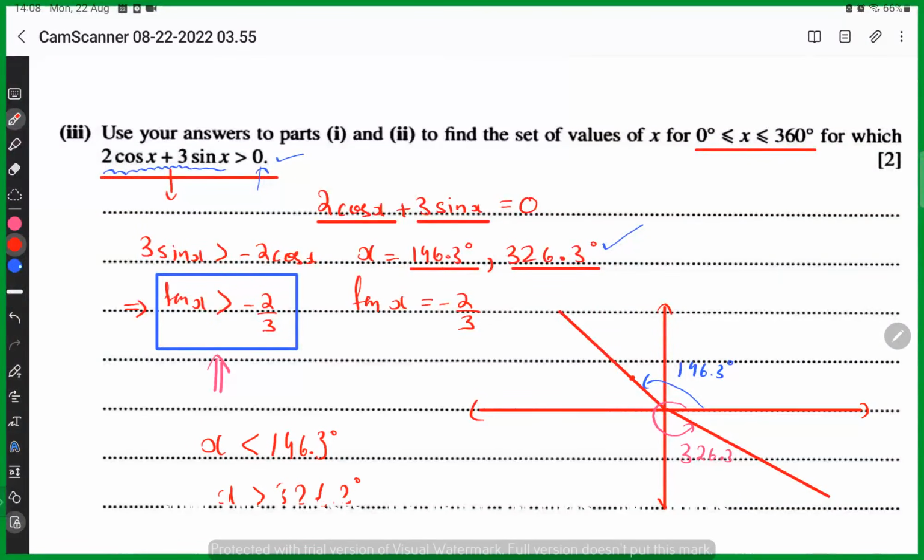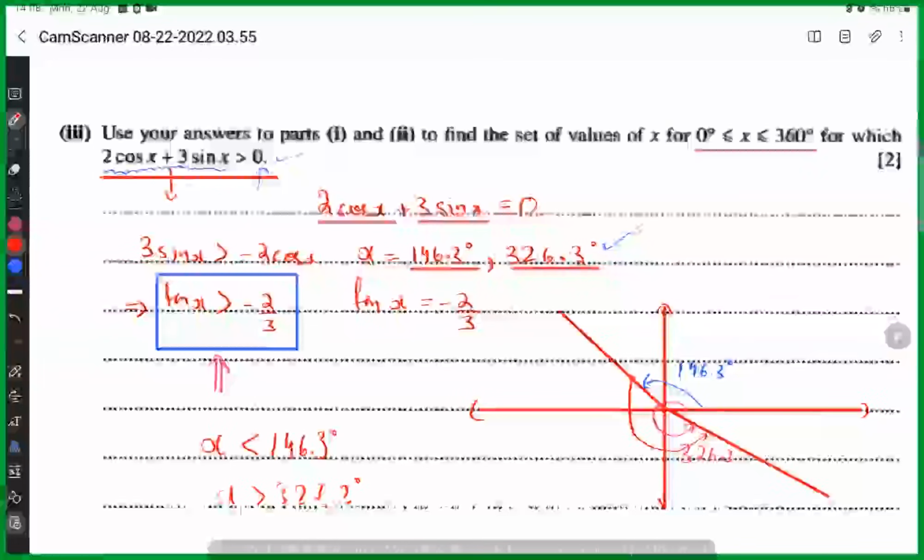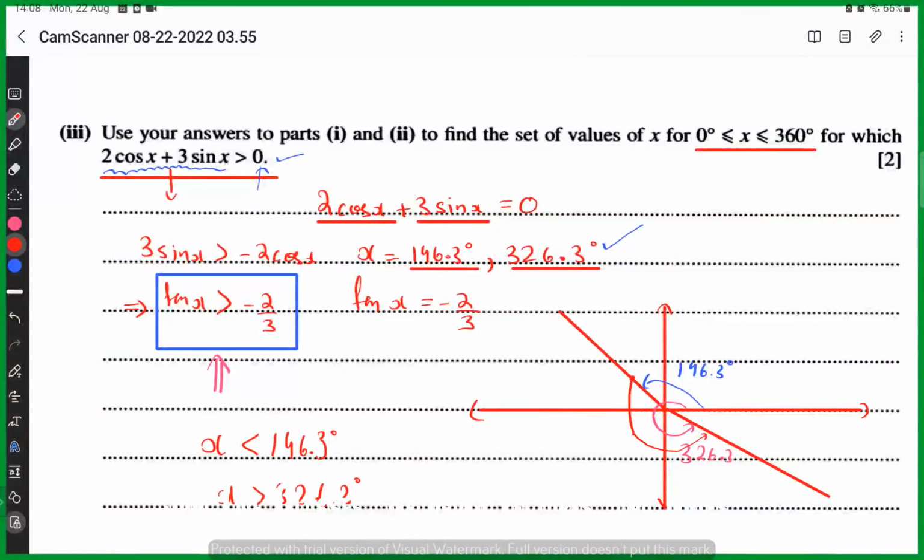I said it the other way around. This part is where tan of x is less than -2/3, and the question was where exactly tan of x is greater than -2/3. So for that we will be talking about the part where x is less than 146 and where x is greater than 326.3.